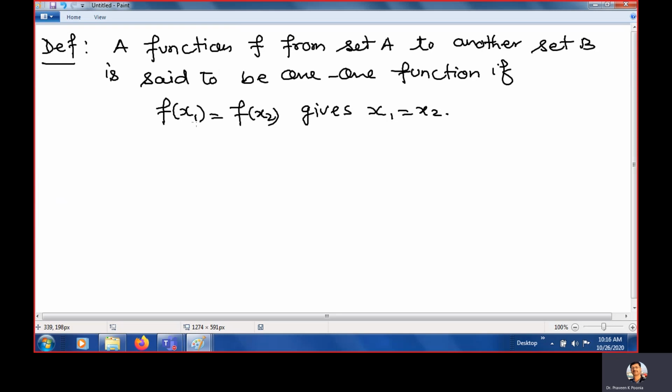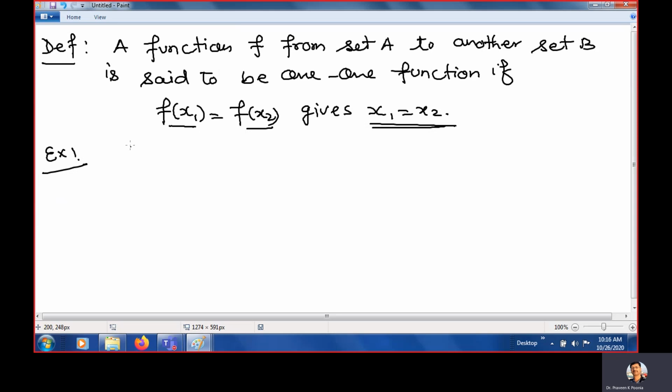Or if we have taken the same image elements, then the elements should be equal. This is how to define the function. So what we are going to do, we will take two different values x1 and x2. We will take their images same and we will prove that the elements are also same.